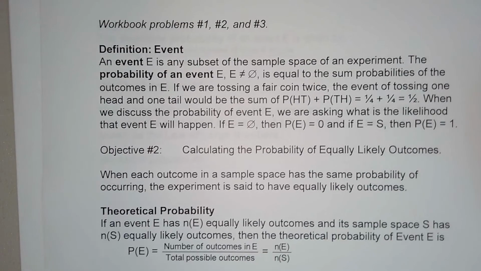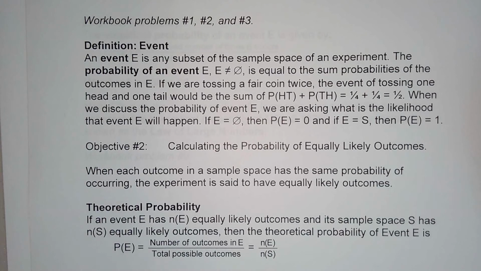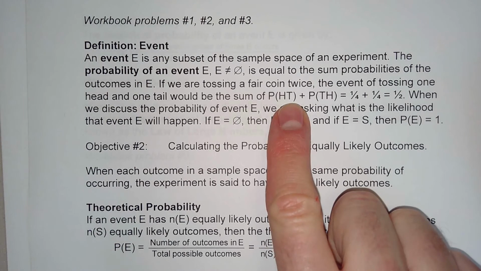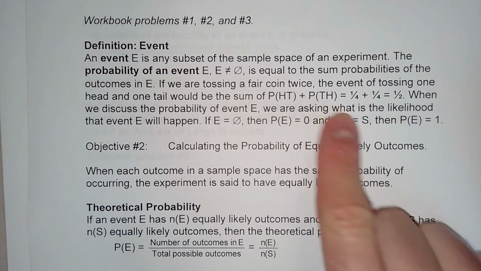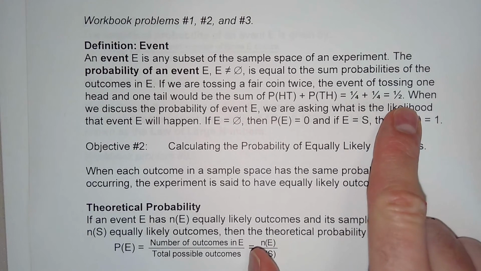So let's make some definitions. An event E is any subset of the sample space of an experiment. The probability of event E, if E is not the empty set, is equal to the sum of the probabilities of the outcomes in E. If we are tossing a fair coin twice, then the event of tossing one head and one tail would be the sum of the probability of getting a head, then a tail, plus the probability of getting a tail and a head, or 1/4 plus 1/4 would be 1/2.